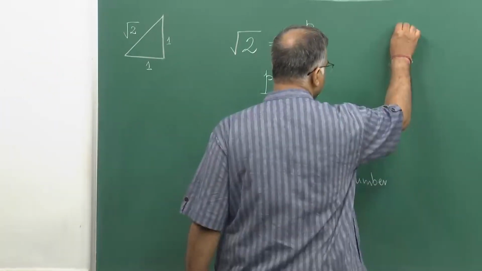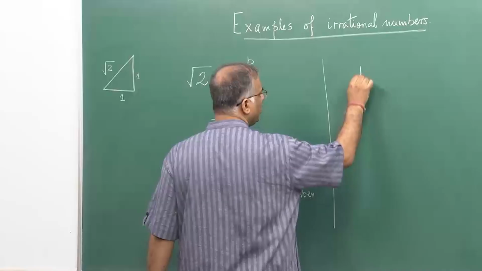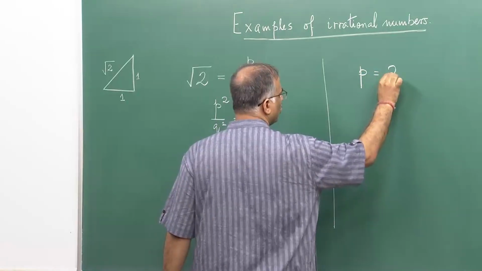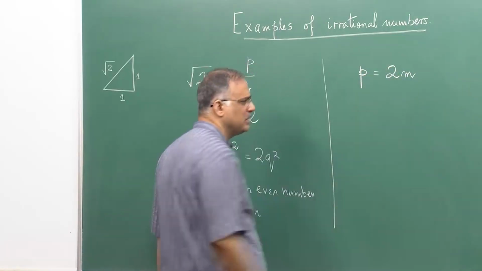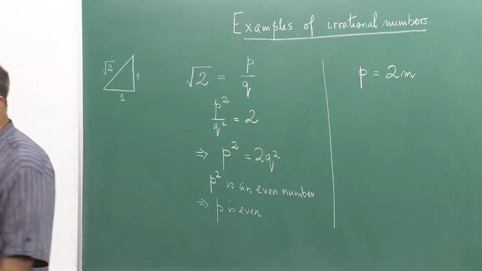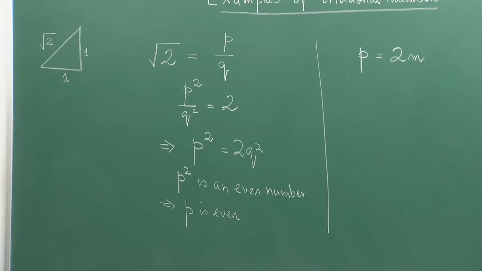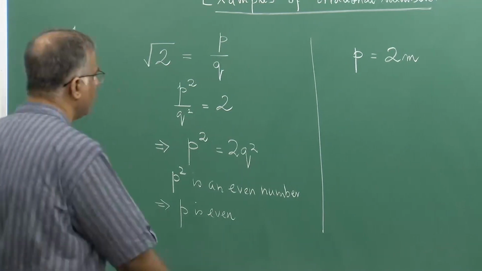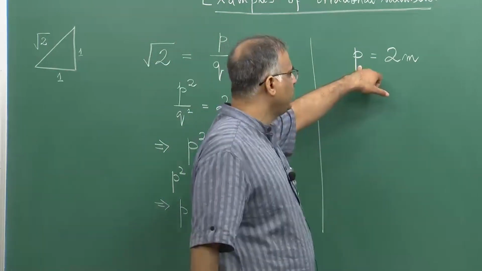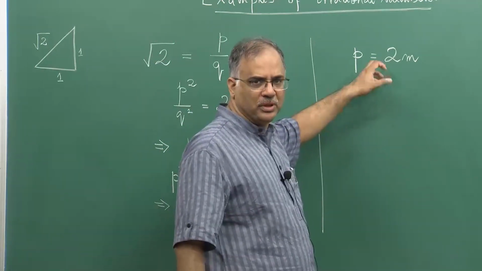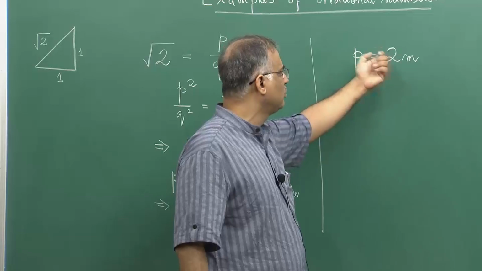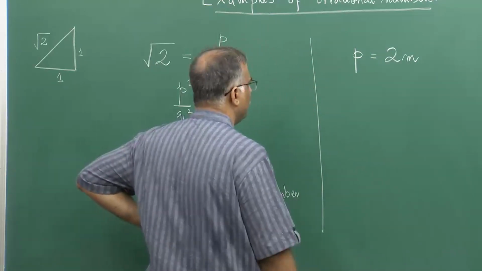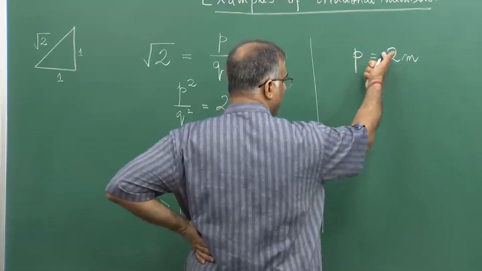So, if p is even, we can write p as twice of some quantity m, because any even number can be written as 2 times m, where m is some number. That is, m is the quotient when you divide p by 2.